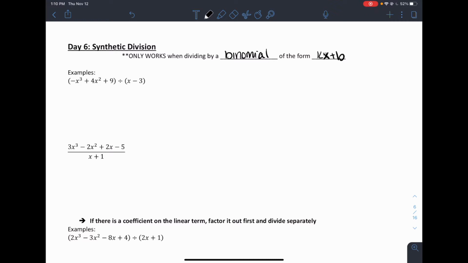What we're going to do first is set it up by making this upside down division symbol. Then you look at your dividend: negative x cubed plus 4x squared plus 9. I'm going to take the coefficients. So I have negative 1 in my x cubed place, 4 in my x squared place, no x, just linear terms, and 9.